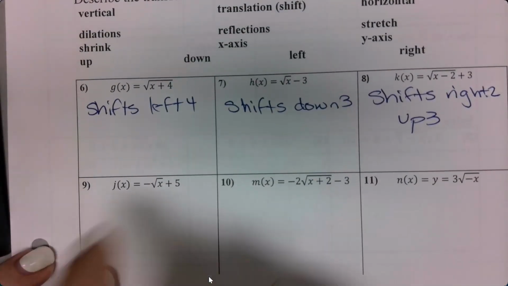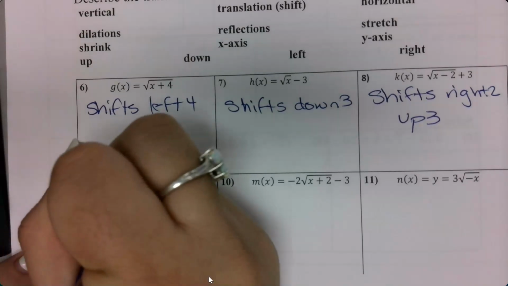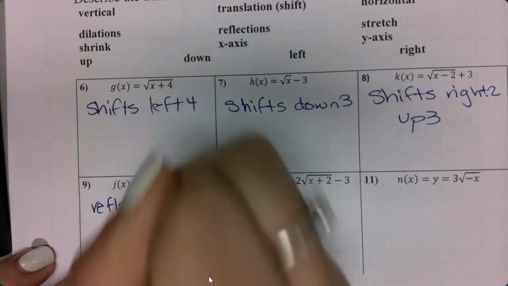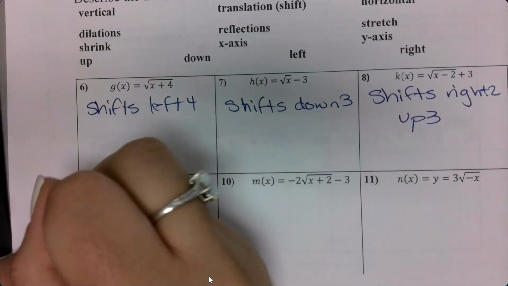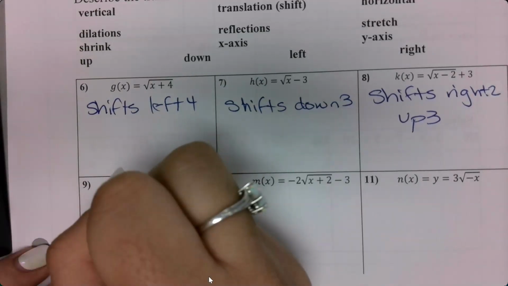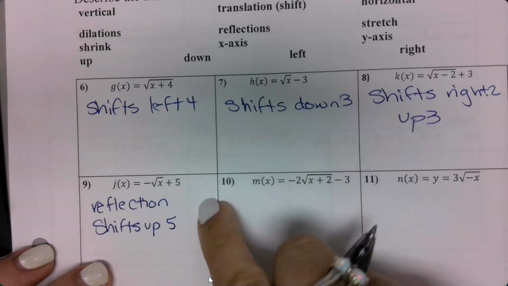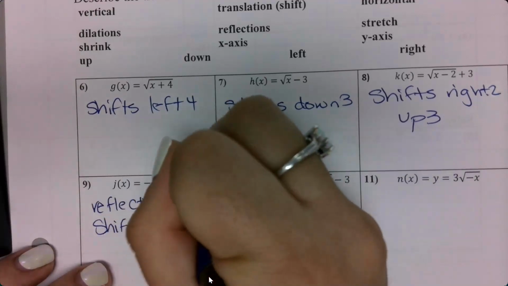This one has a negative on the outside, so that is a reflection. And then the 5 at the end is shifting up 5. Oh, the reflection, I should say, is over x-axis.